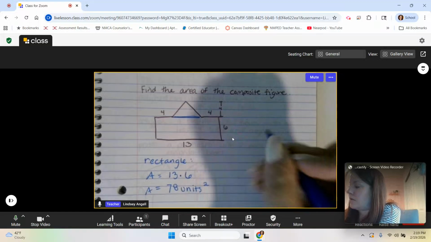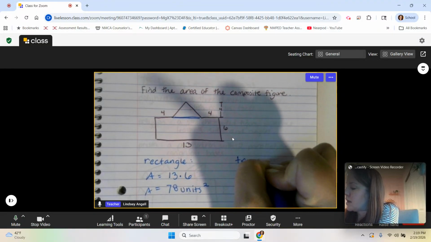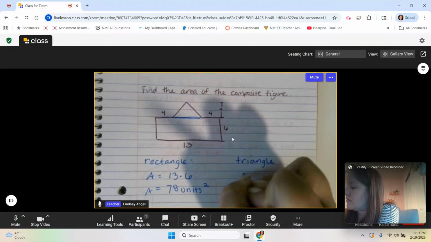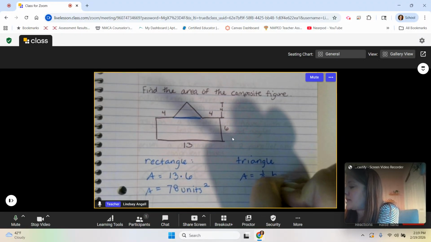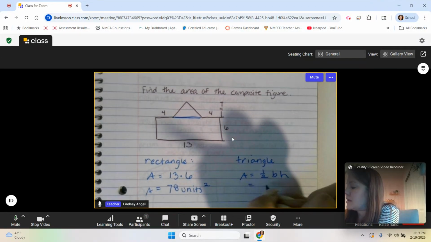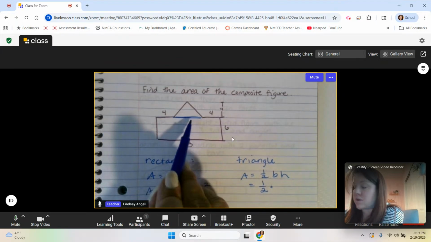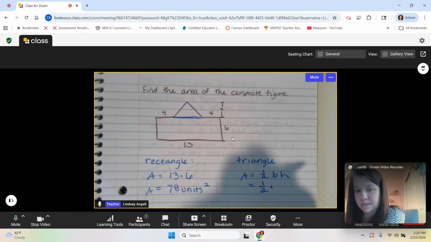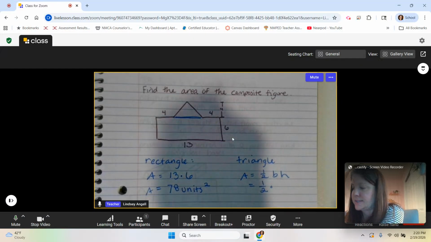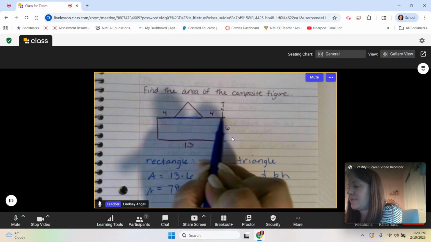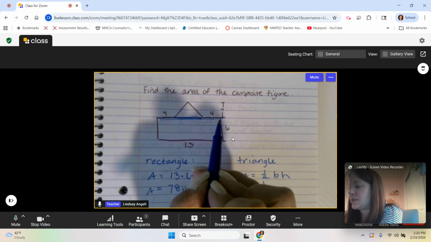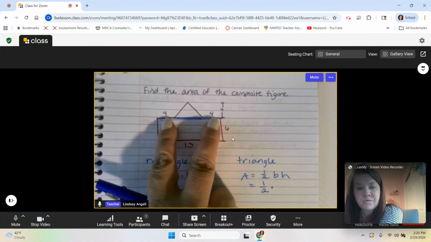So, that would be 78 units squared. For the triangle, we have area is equal to 1/2 times the base times the height. So we've got 1/2. Now, the base of this triangle, it's not given to us directly, but we can figure out what it is. The whole length of this side of the rectangle is 13, but we used 4 and 4, or a total of 8.